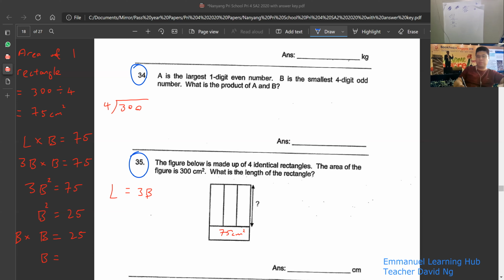Nothing to do with 75 already. Breadth times breadth is 25. Which number multiplied by itself is 25? You see, 3 times 3 is 9, right? 5. Yes. Breadth is 5.